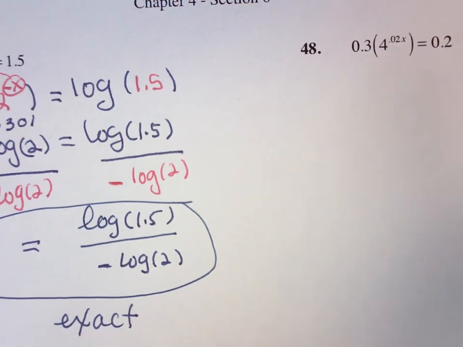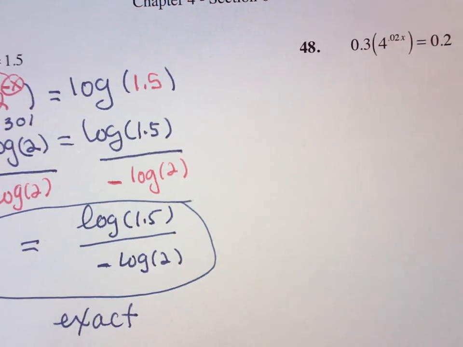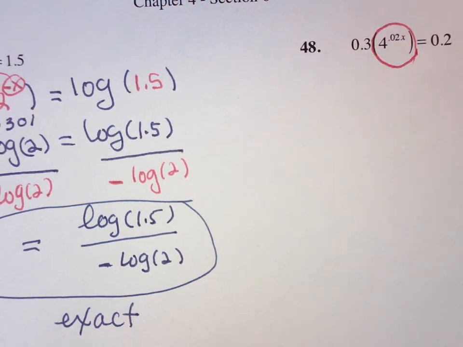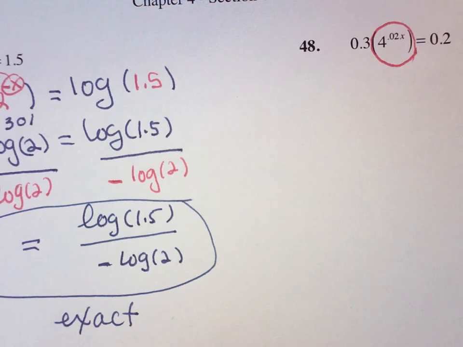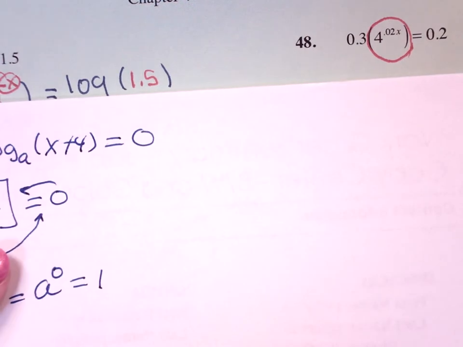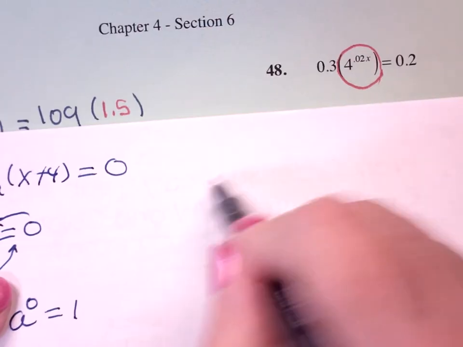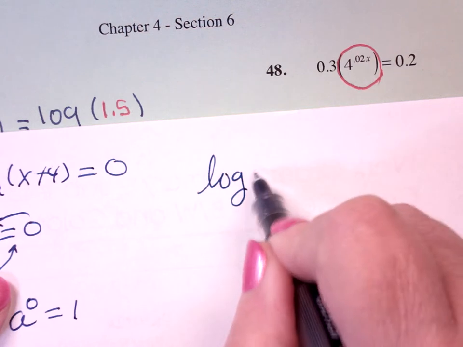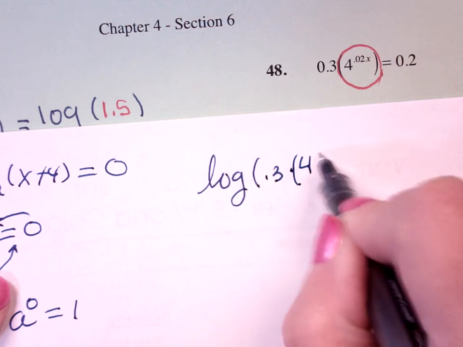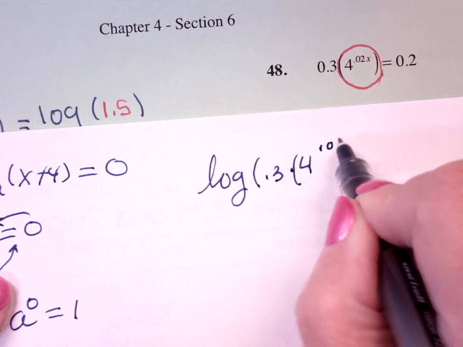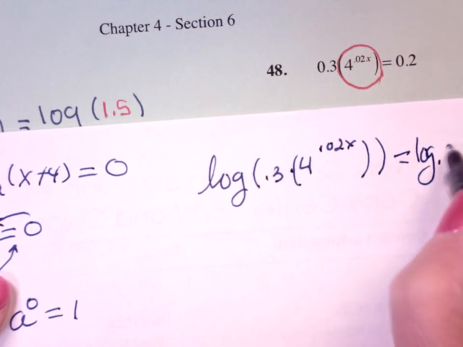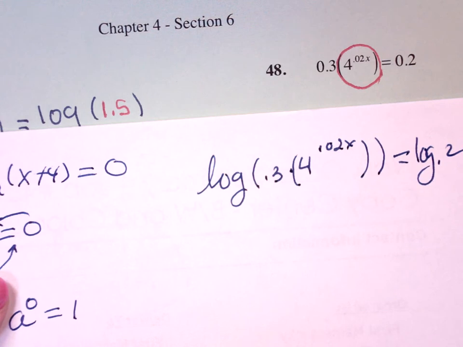Now, in order to take the logarithm of both sides, I need to have the factor that's got the x in it by itself. And then you might say, well, why would you want to do that? If I were to try to take the log of both sides as it stands, here's the problem.